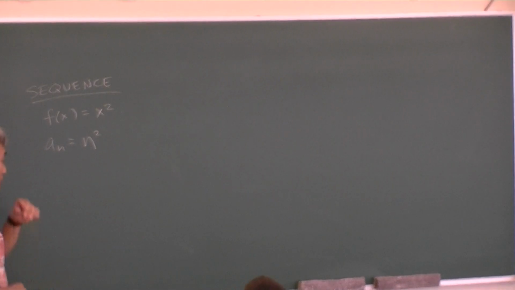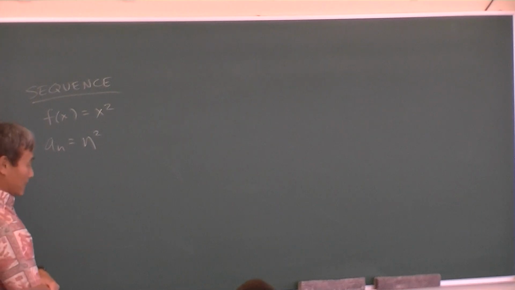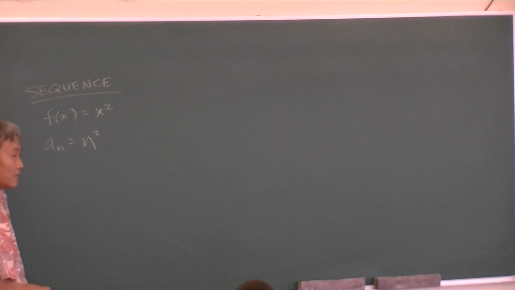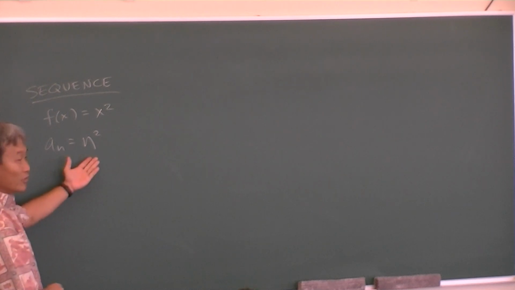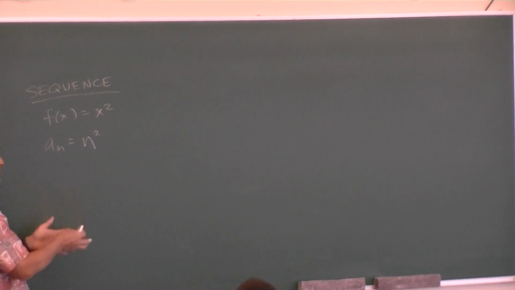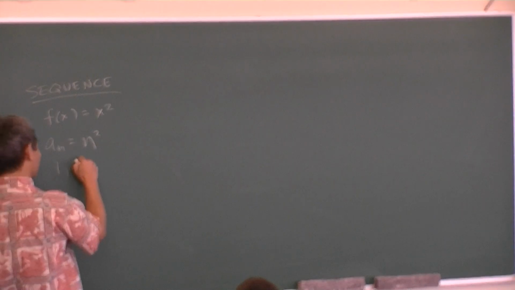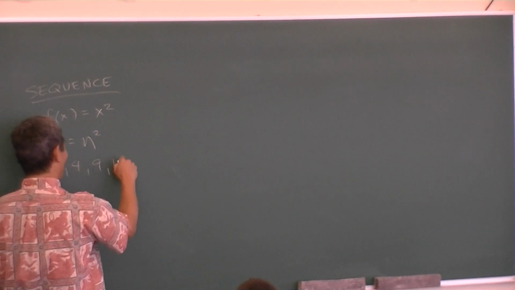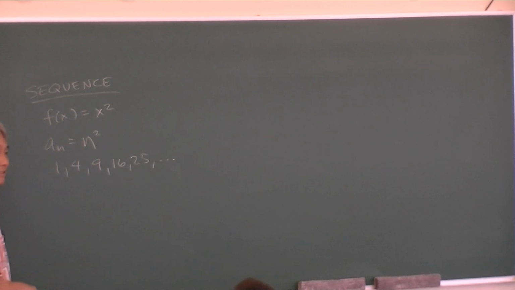So if somebody were to ask you, okay, write the first 5 terms of this sequence. In fact, the first problem on tonight's homework, you have to write the first 5 terms. What are the first 5 terms? Just plug in 1, 2, 3, 4, 5, because the domain is the positive integers, right? This is a sequence. Can you see now why the domain is the positive integers?